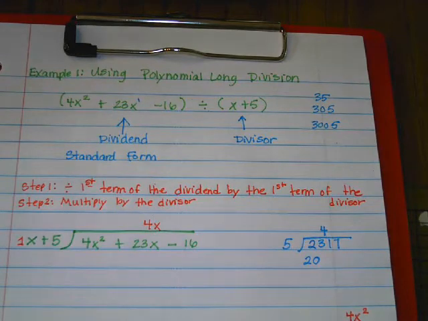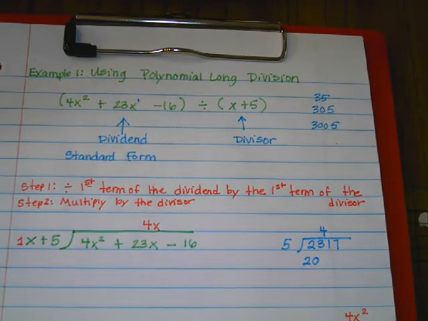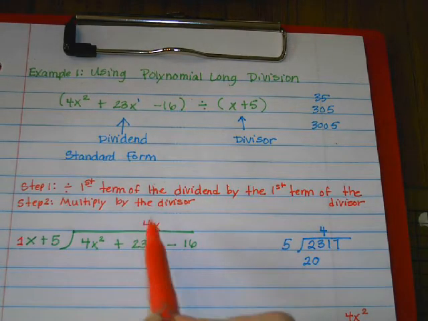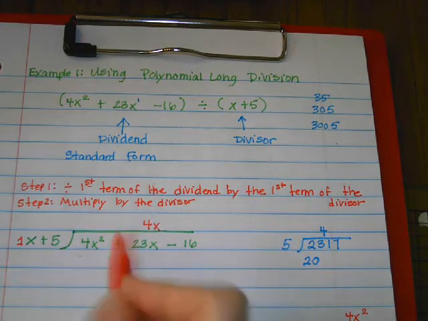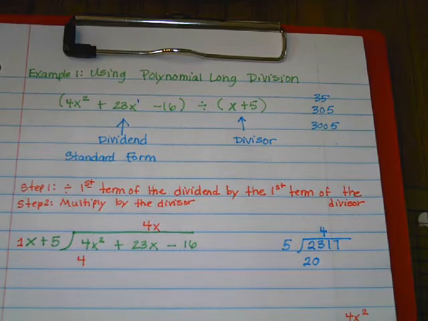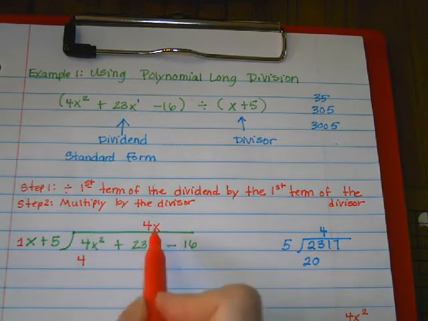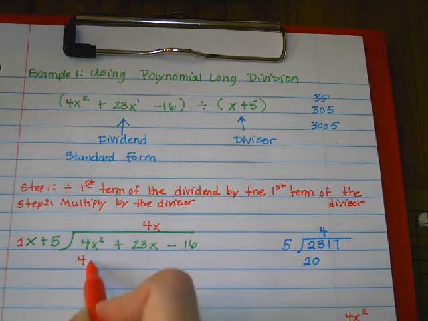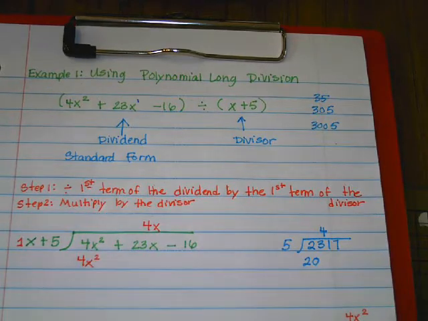So in multiplying, remember you multiply your coefficients first and then your variable second to get your number. When we multiply, we add the exponents. So we're going to multiply 4 times 1 and we'll get 4. We'll multiply x times x and we'll get x to the second.